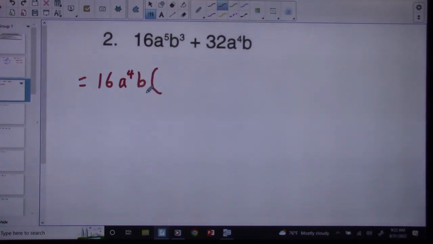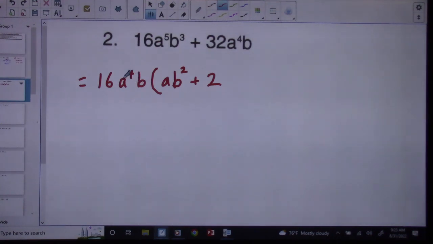Now you draw the opening parentheses, and what times 16 is equal to 16? 1. So we don't have to put anything. And what do we multiply by a to the 4th to get a to the 5th? A. And what times b equals b cubed? B squared. And then plus, what times 16 equals 32? 2. What times a to the 4th equals a to the 4th?